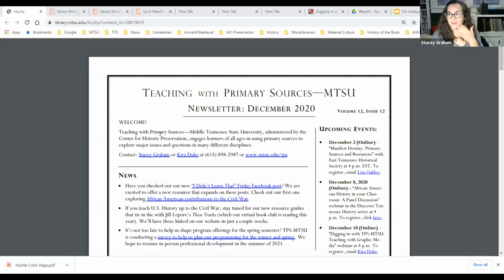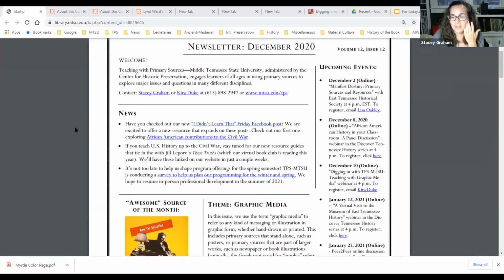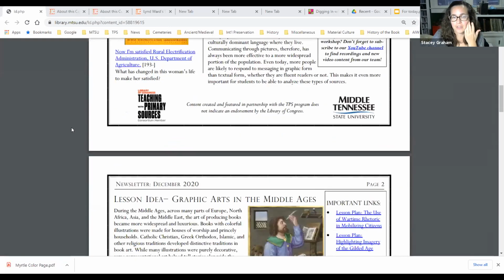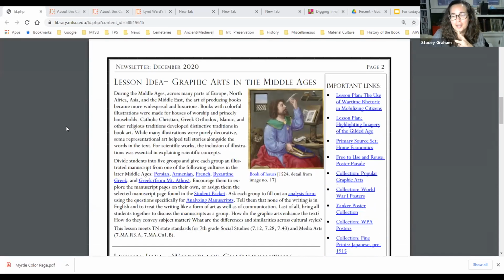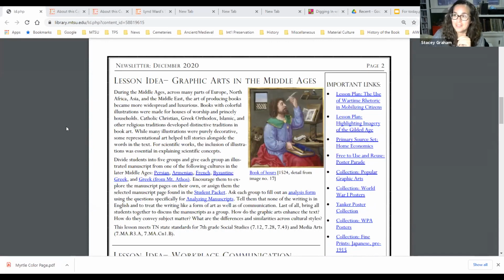Yes, here we are, back to the newsletter that I was showing you earlier. For starters, I want to point out that even though a lot of the posters and graphic media that we've been showing you are 20th century sources, we do have a lesson idea just for you 7th grade medieval history teachers out there, trying to think of the analogy for today's graphic media in the Middle Ages.